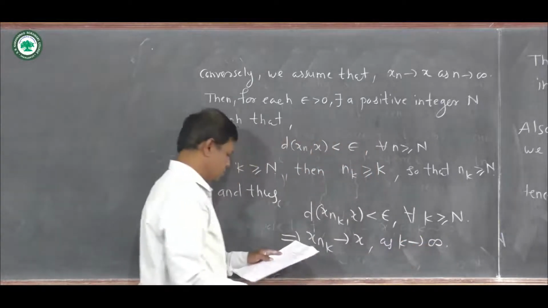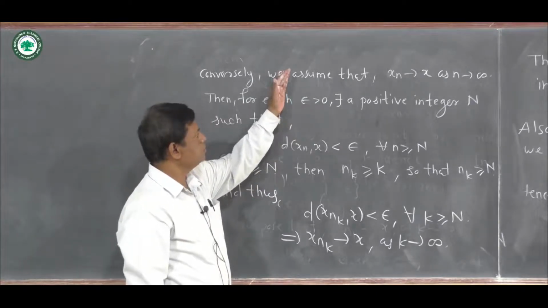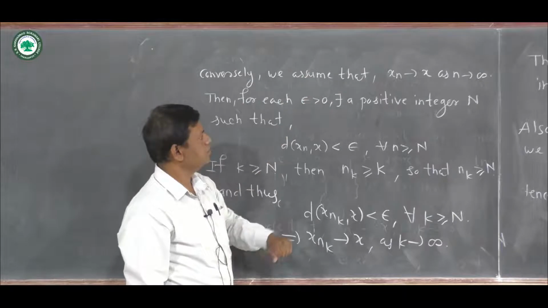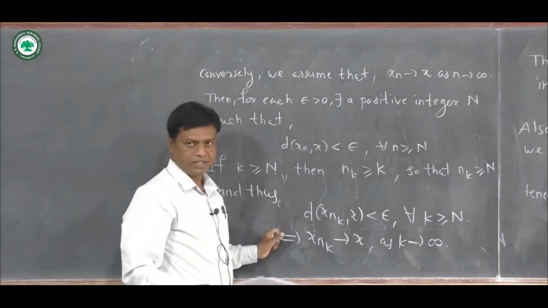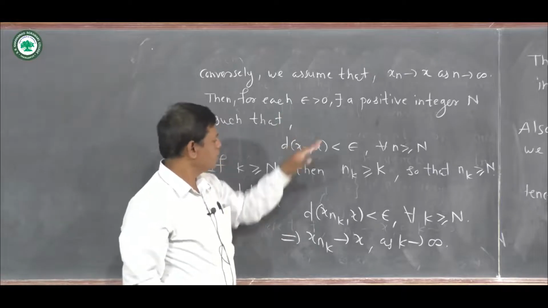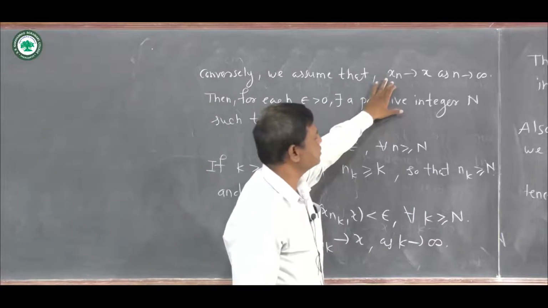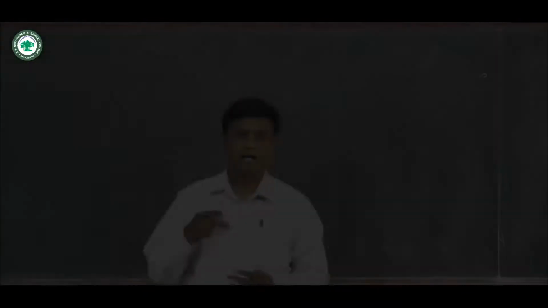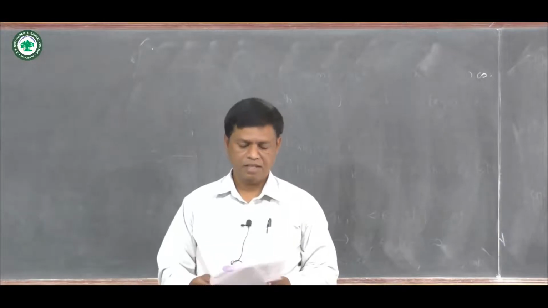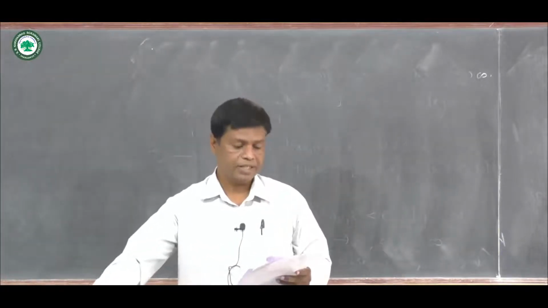So it means that every convergent sequence has a convergent subsequence, or you can say that if you take any subsequence of a convergent sequence, then that subsequence is always convergent. Now the next theorem is about Cauchy sequences in a product metric space.